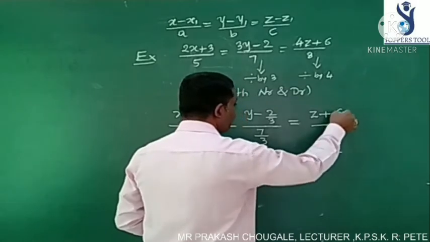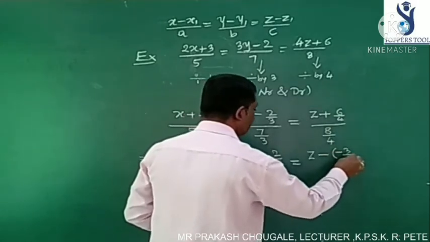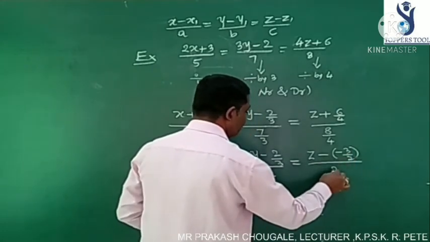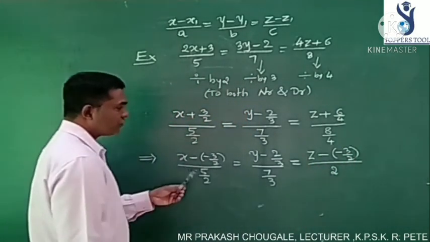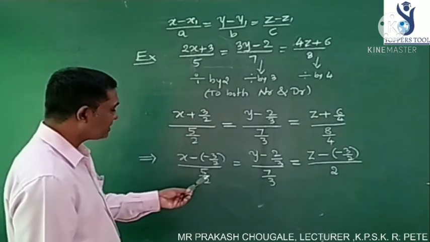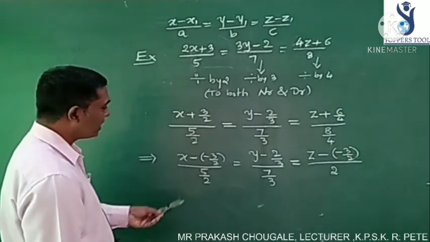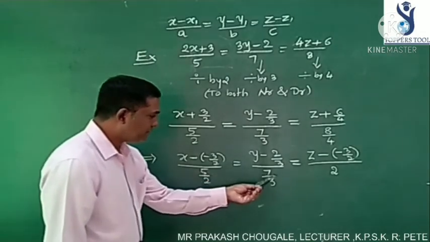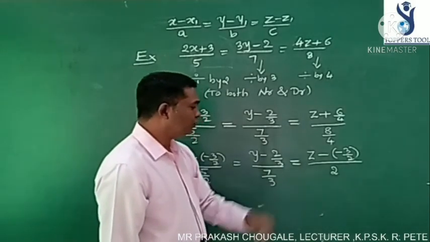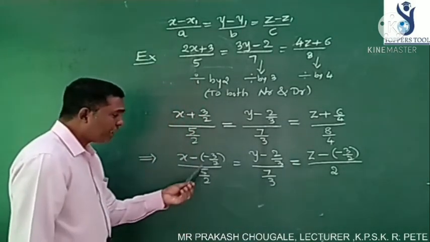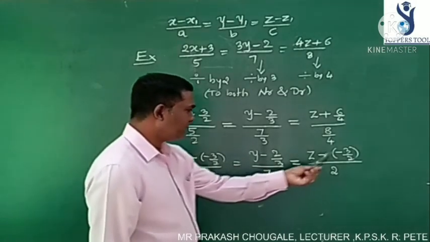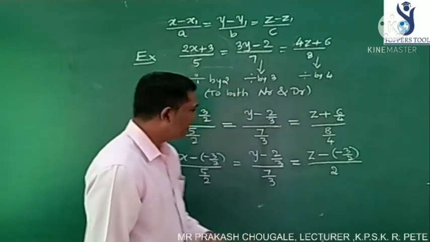If you want, you can simplify this. This is 3/2, and this you may write as 2. So from this you can write the direction ratios. So direction ratios are 5/2, 7/3 and 2, whereas a point on the line is x1, y1, z1.